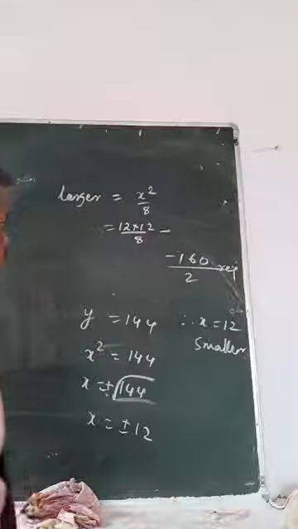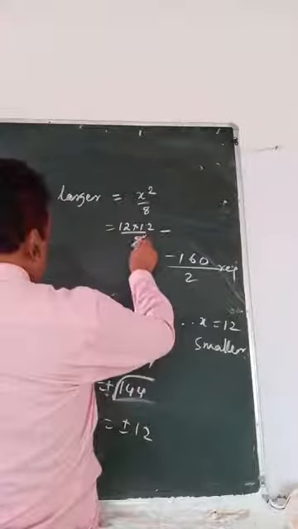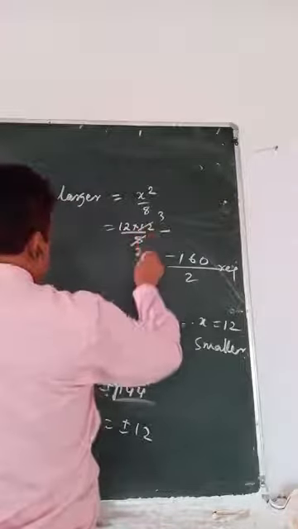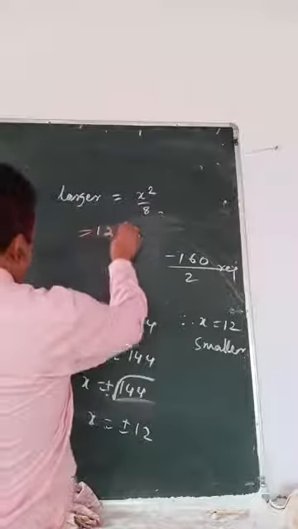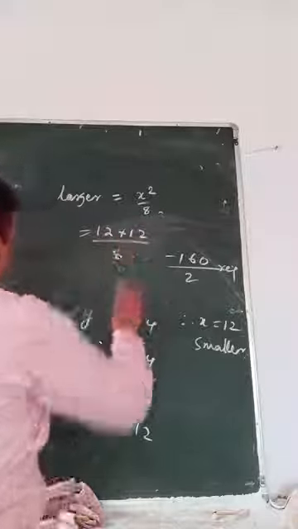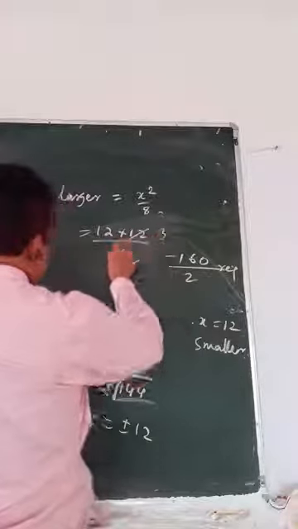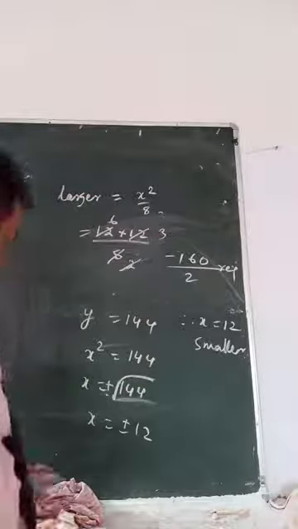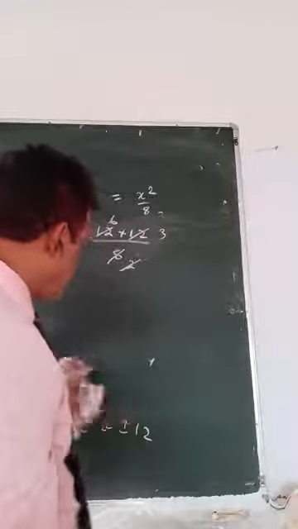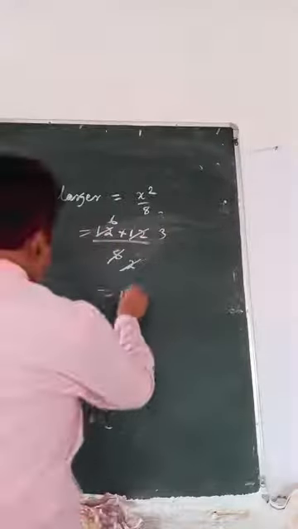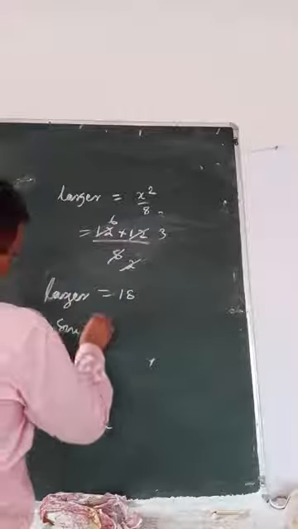So the larger will be 12 into 12 by 8. 4 twos are 8, 4 threes are 12, 2 sixes are 12. So the larger is 18. Larger is 18, smaller is 12.